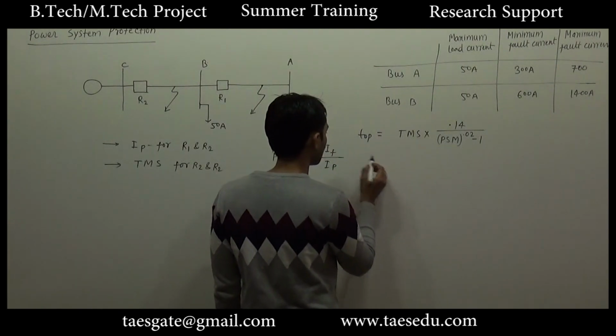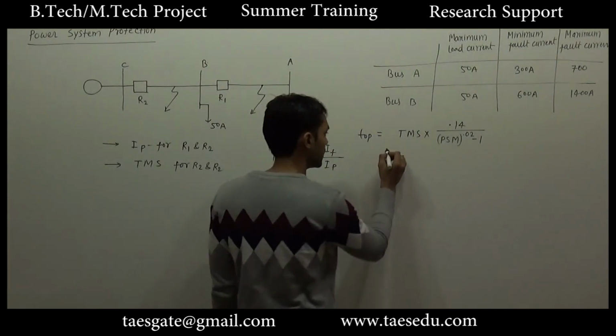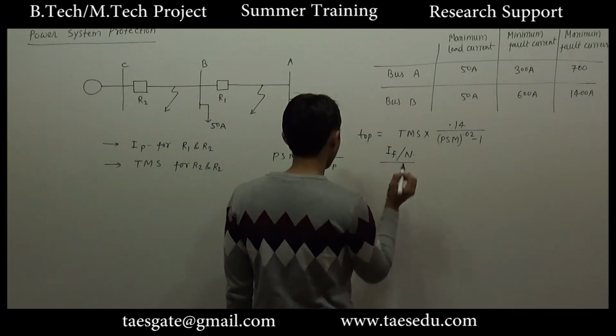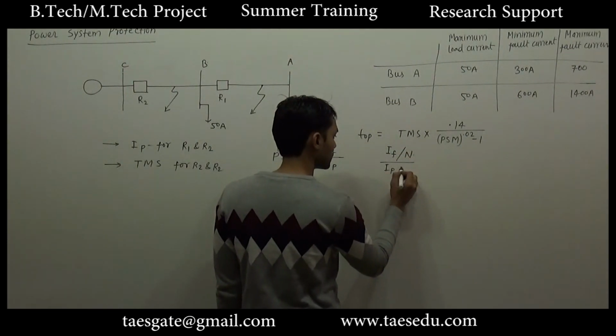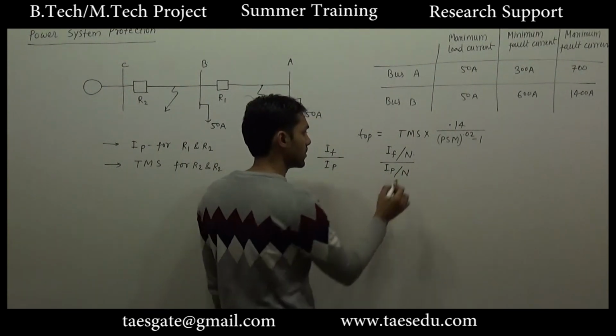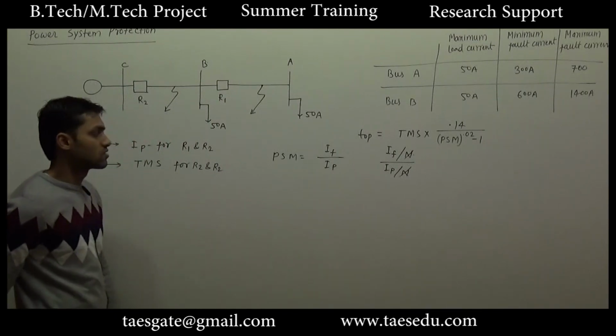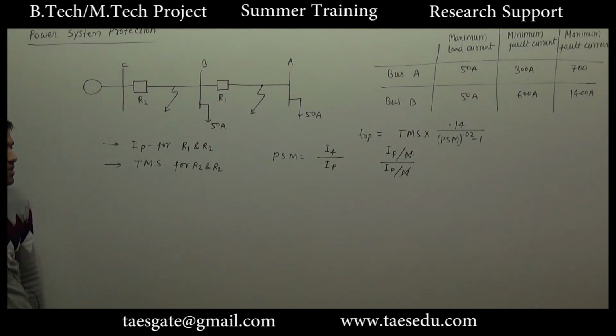The fault current in the relay will be divided by N, and the pickup current will also get divided by N. So ultimately you will get the same ratio. It does not matter how you calculate PSM, either directly from the line current or from the current in the secondary of the current transformer, you will get the same PSM.